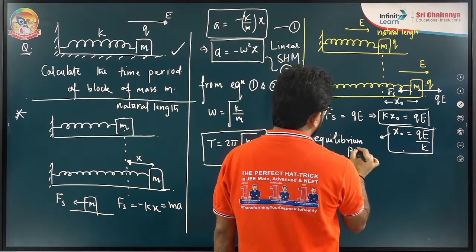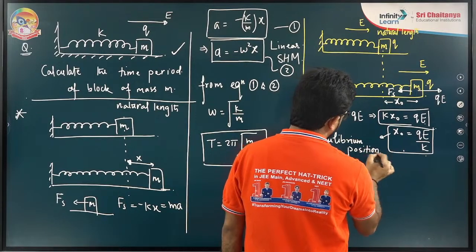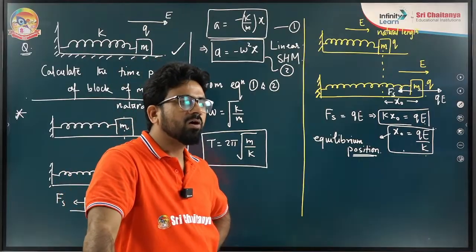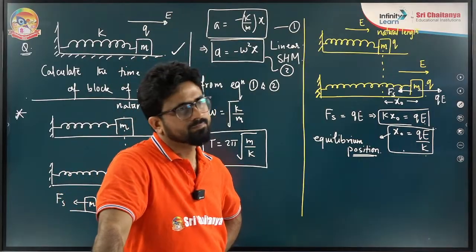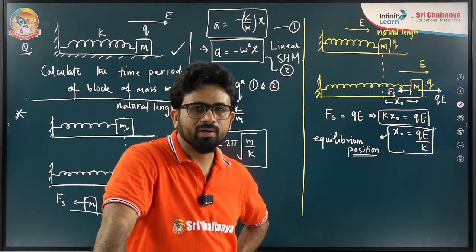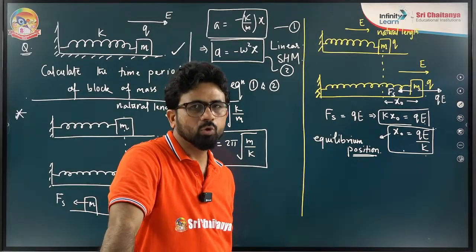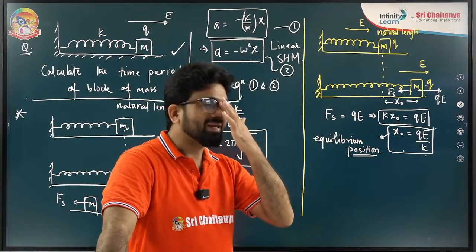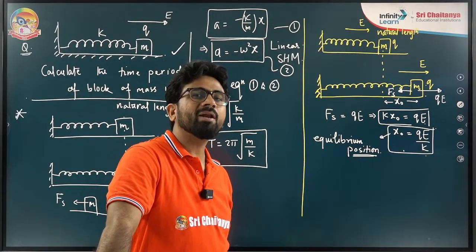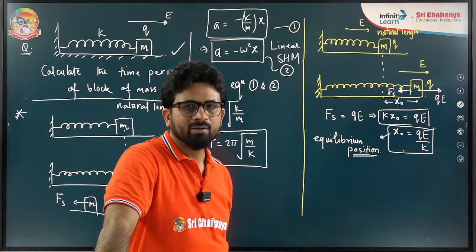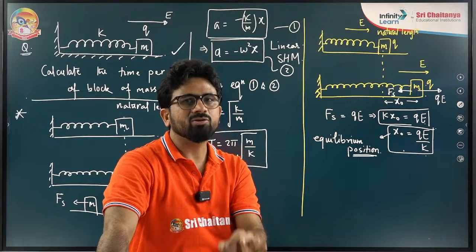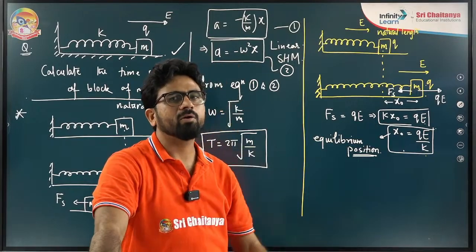Now two questions come to you. Very first question: is natural length always an equilibrium position? Statement 1: natural length of a spring is always an equilibrium position.